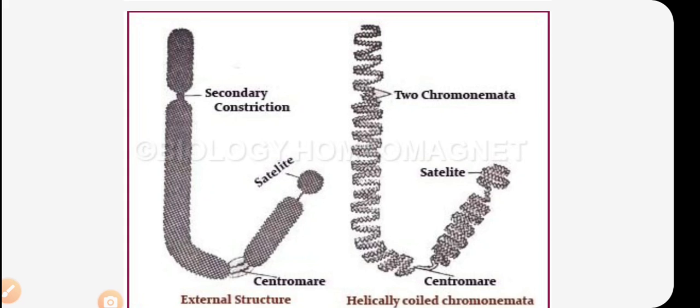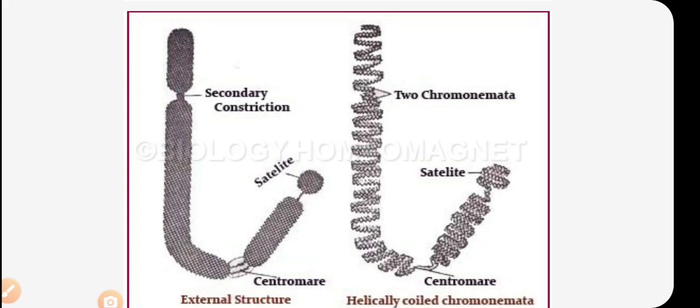Chromatid is the condensed form, in M phase, and chromonemata is the uncondensed form, in interphase. Generally in the division phase, every chromosome has two symmetrically arranged chromatids.